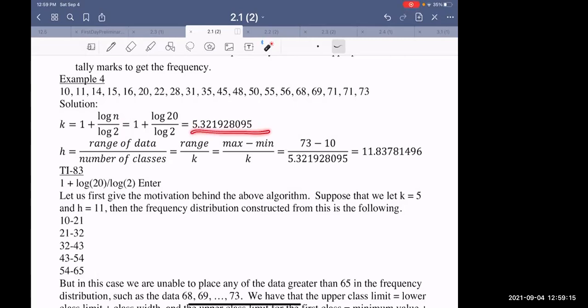Question? Yes, I do have a question. So the log, is it going to be log base 10 of 20? Are you asking if you should use log or ln? Don't care. Why? Because it gives you the same answer.